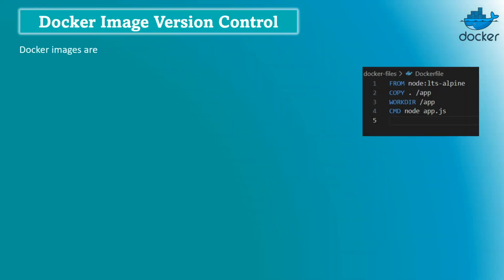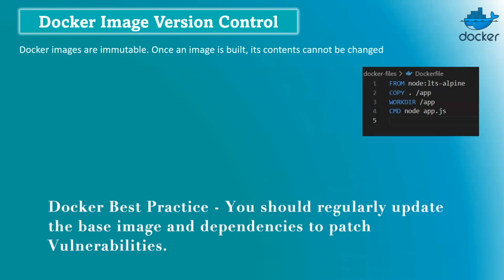Now on the other hand, Docker images are immutable. That means once you create a Docker image, you won't be able to edit or update that image. However, you can create a new version of that image. There is also a Docker best practice that says you should regularly update the base image and dependencies to patch vulnerabilities.